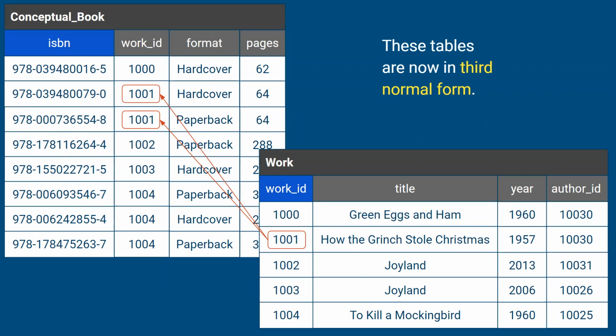Is it also that this table already doesn't have any transitive dependencies? We can just look, does any one of these things determine another? No. Oh, well, here's the question. Before, what we were saying is that taken together, title and year determine the author ID.